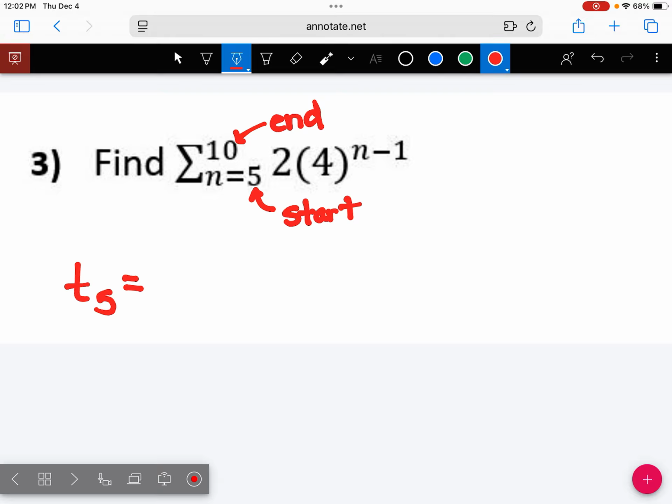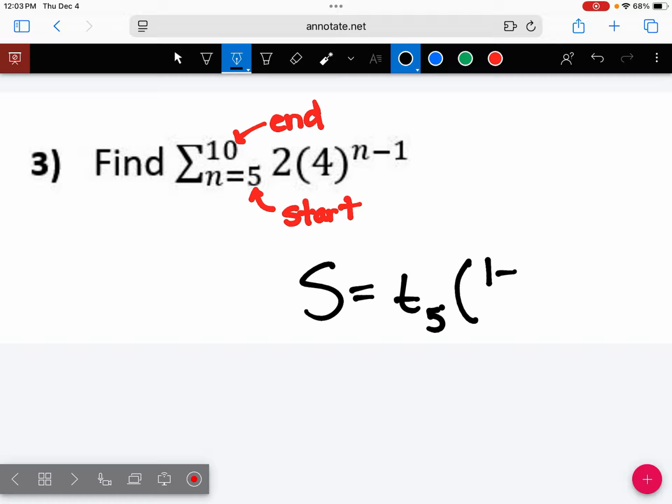Go ahead and substitute a 5 in right here. Because now I need to know T5. I don't need to know T1. So the sum formula that I'm going to use will be the sum, and then instead of T1, it's going to be a T5, times 1 minus r to the power of n over 1 minus r.